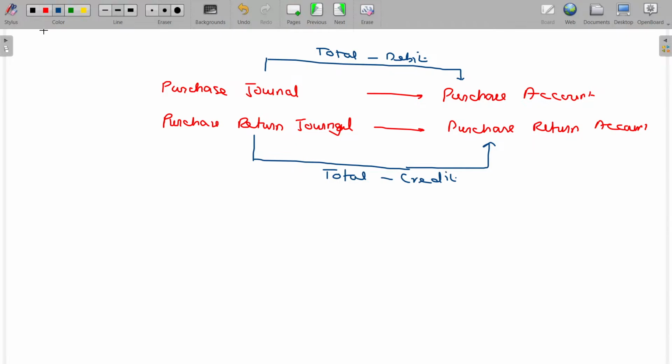Then the internal items should be transferred to the concerned parties. Here the parties are the creditors, the payables. Party 1, party 2, like we have n number of parties.